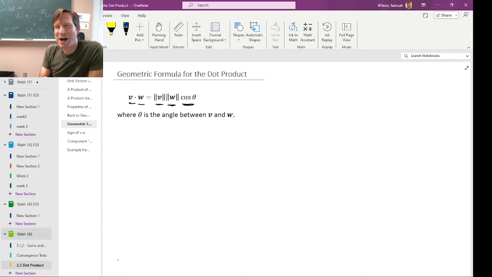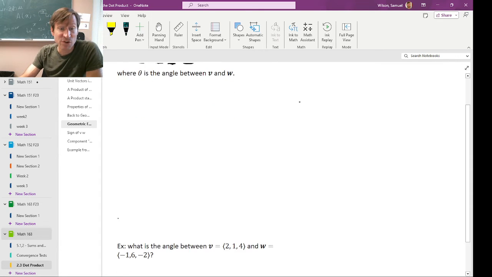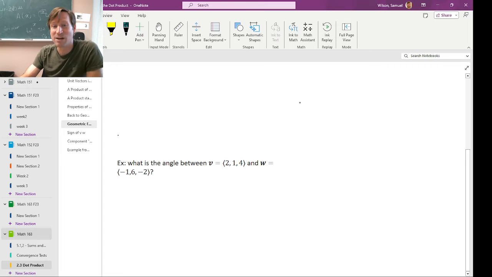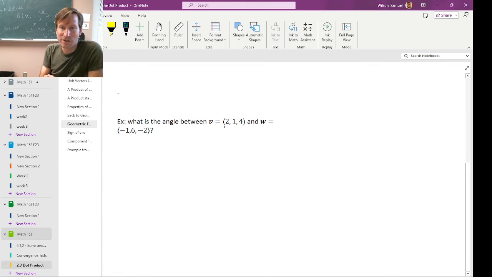So this tells us why we might care to calculate the dot product, other than the fact that it's easy to calculate. So for example, what is the angle between these two vectors, 2, 1, 4, and minus 1, 6, minus 2?